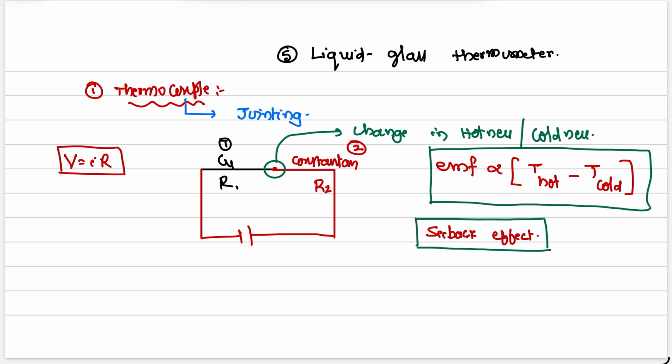When two dissimilar materials are connected at a junction, the EMF produced in the circuit is the measurement of difference between hot and cold temperatures.